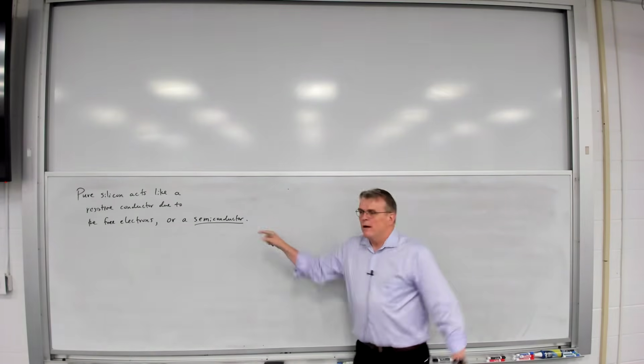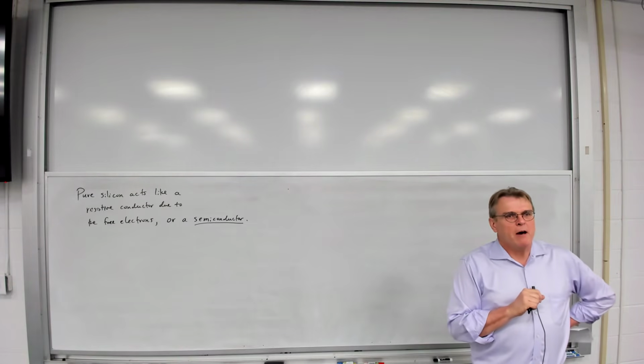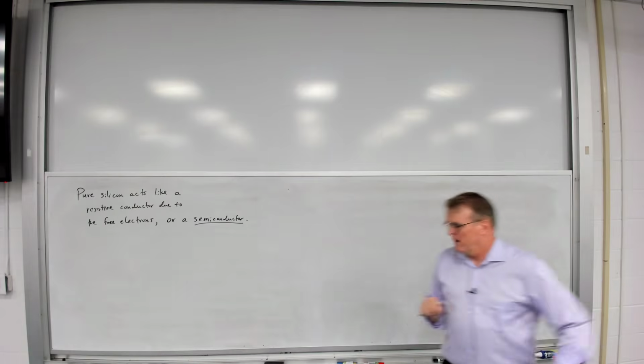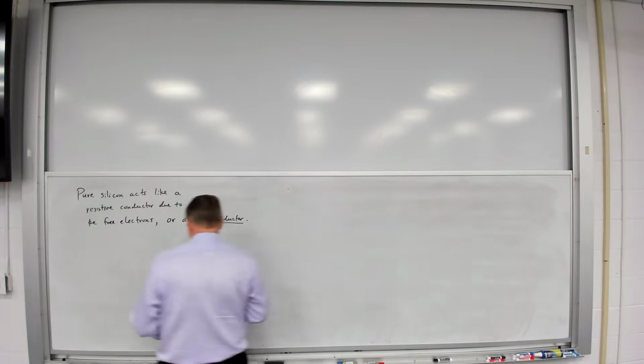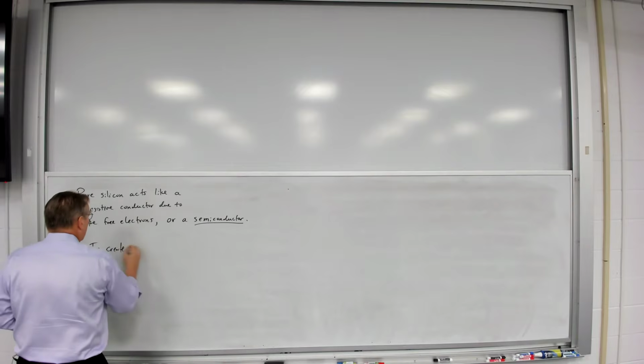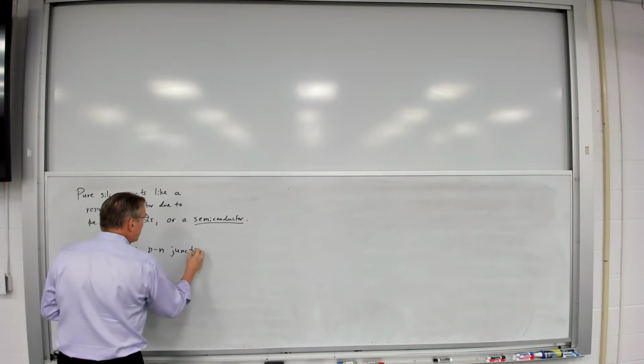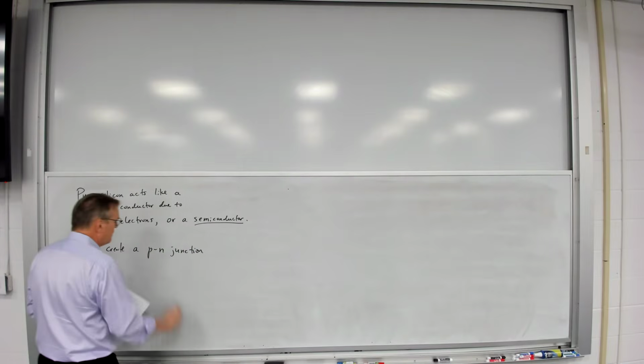All right, so given this behavior, what can we do to try to modify this behavior? To create what we call a p-n junction.